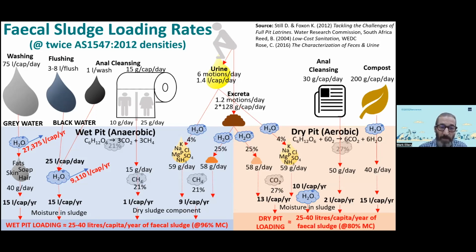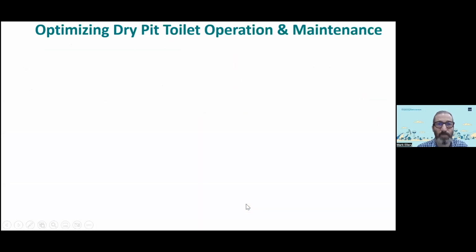The loading rates at the bottom look quite similar, but as we've indicated, not only are their operating characteristics extremely different, but the sludge at the bottom in a dry pit is of a very different consistency between these two settings.